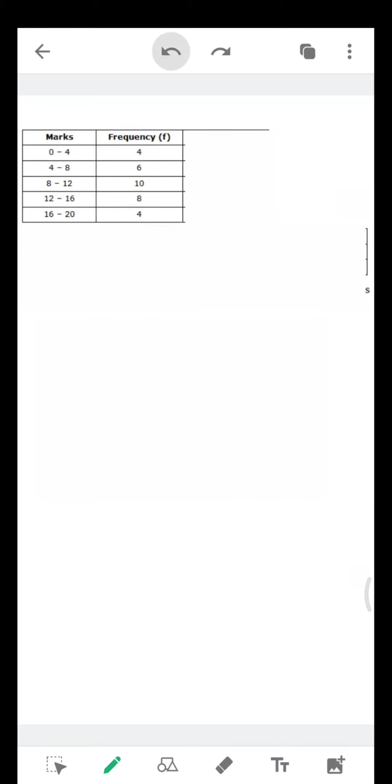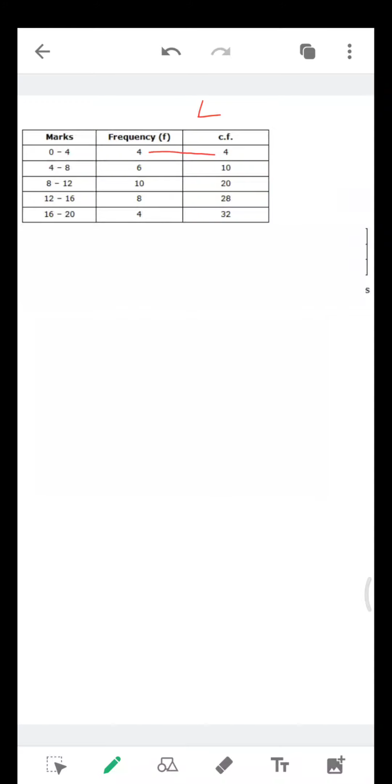So hope you all remember how we made cumulative frequency in the concept of median. That cumulative frequency is used for drawing less than type ogive, the less than cumulative frequency curve also you can call. So to recall, we just write 4 for the first column as it is, then we go on adding.